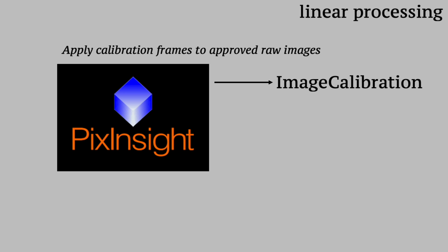And you will apply the correct bias, dark, and flat frames to ImageCalibration. And ImageCalibration, again, is mainly used to deal with the readout noise, which is what the bias frame addresses, the thermal noise, which is what the dark frame addresses, and then finally, any defects in the optical system, dust bunnies, scratches, etc. in the mirrors and the glass, and that's what the flat frames do for image calibration. So we get done with this process. We have raw images that have now been calibrated.